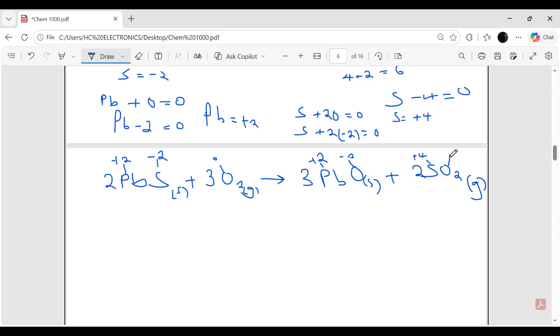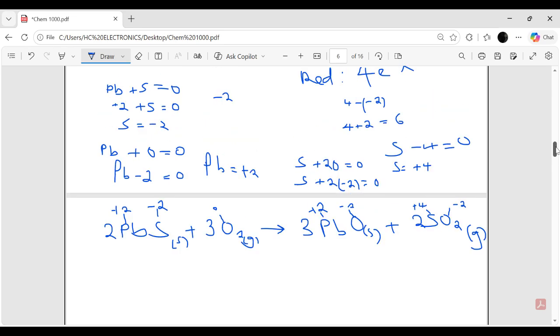Then this one is negative 2, so here we have 6 Pb, here we have 2, okay. Then we have 2 sulfur, okay. Maybe I've gone somewhere wrong.